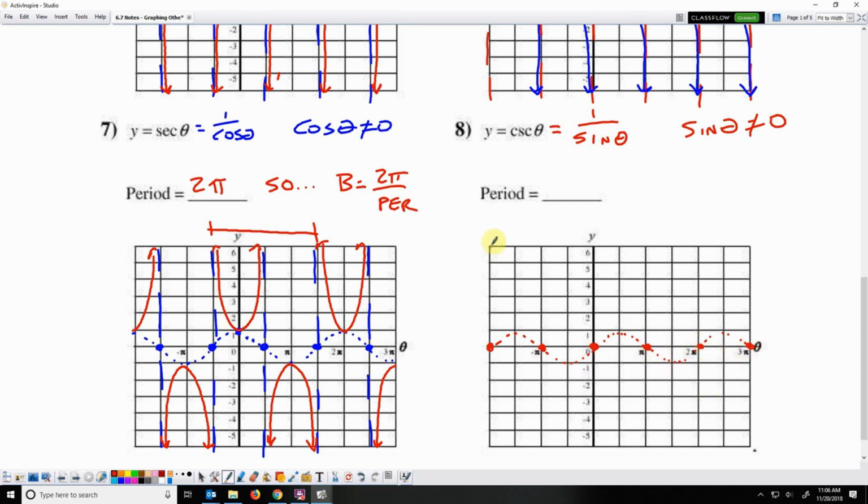So that's where we will have an asymptote. So there's the structure of the graph. Now the graph itself looks a lot like the graph for secant theta.